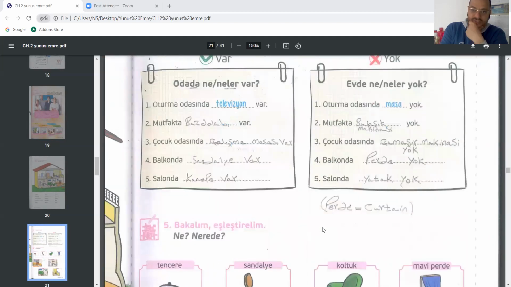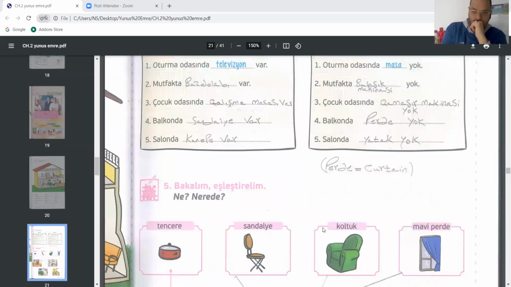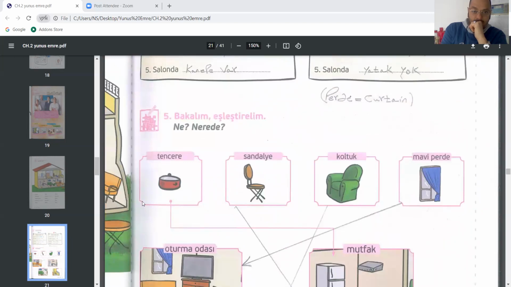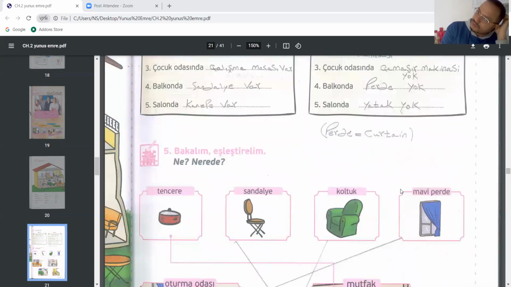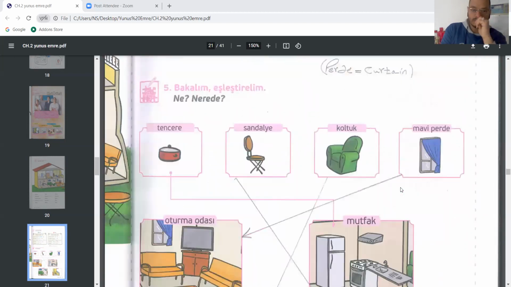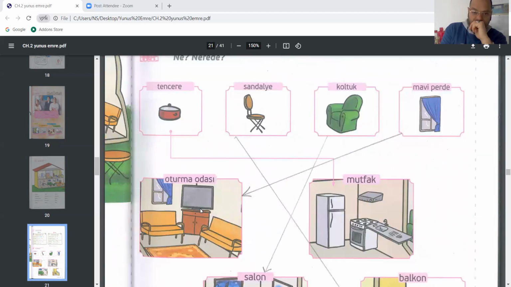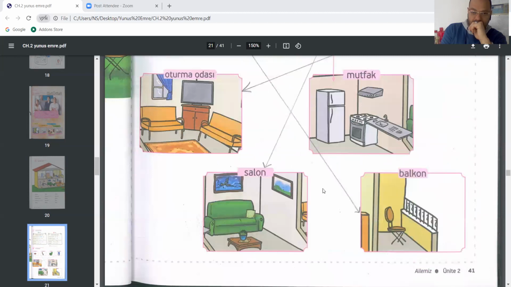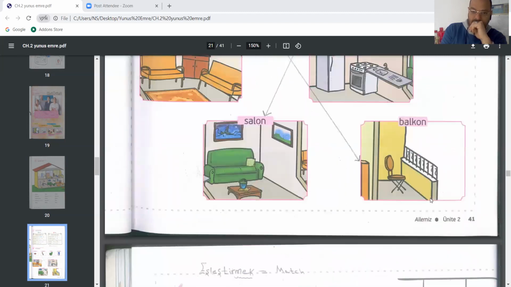Bed, we don't have a bed in the salon. Perde, curtain. Okay. Tencere, sandalye, koltuk, mavi perde, blue curtain, oturma odası, mutfak, salon, balkon.